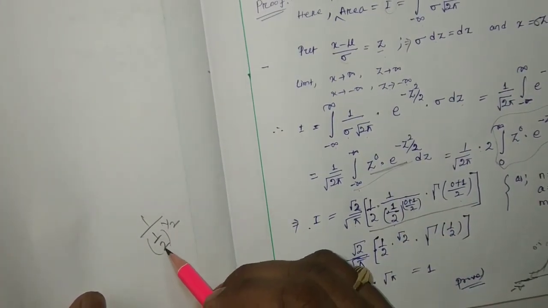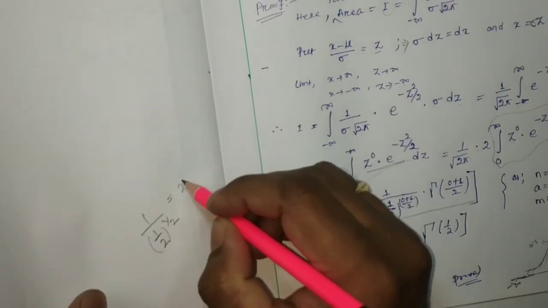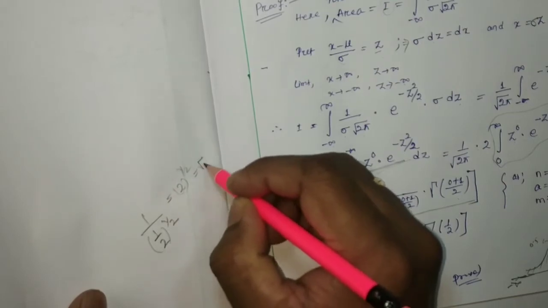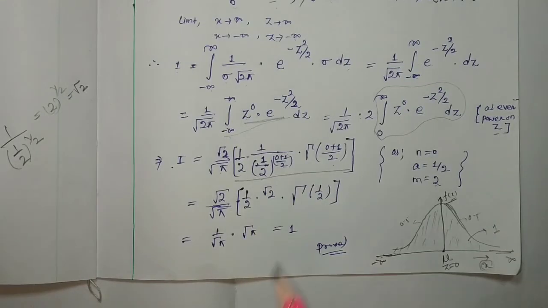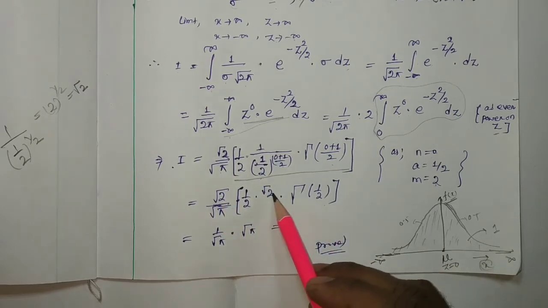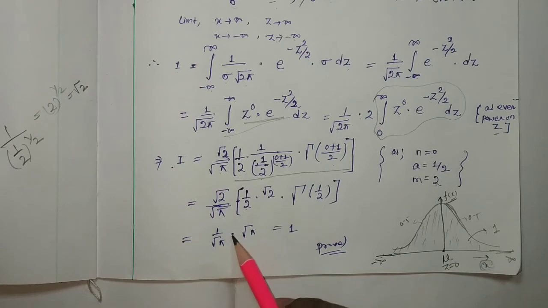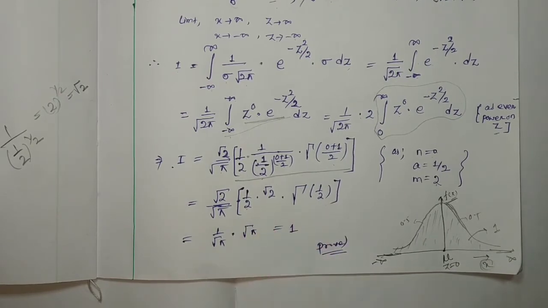So this 2, if moved to the numerator, automatically will be 2 to the power 1 by 2, or root 2, and gamma 1 by 2. So here root 2 and root 2 got cancelled, and we found 1 by root pi into gamma half, which is nothing but root pi, which is equal to 1, hence proved.